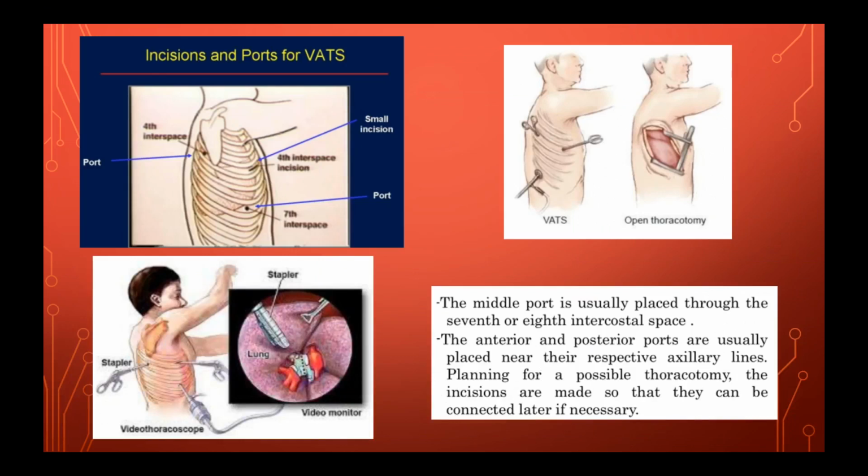The middle port is usually placed through the 7th or 8th space, and the anterior and posterior ports are usually placed near the respective axillary lines, anterior axillary line or posterior axillary line. If not successful by video assisted, they may plan to open also, so these ports are made accordingly so that we can convert to an open procedure at any time.